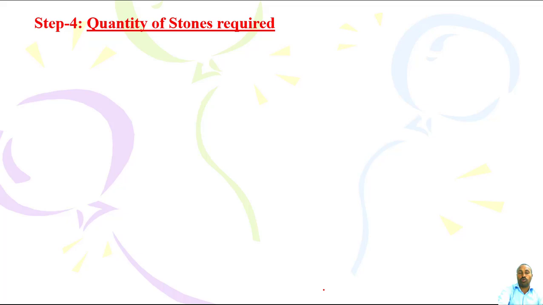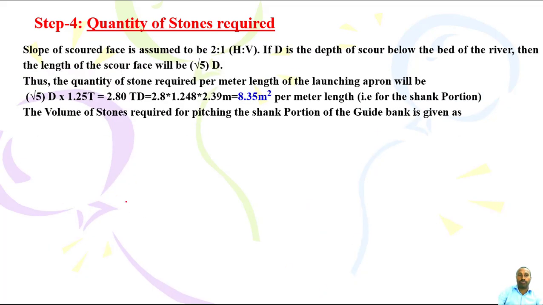Then the quantity of stone required. Now, first, the slope of the scoured face is assumed to be 2 to 1. If D is the depth of scour below the bed of the river, then the length of the scoured face will be root 5 times D. Already you have here like this.